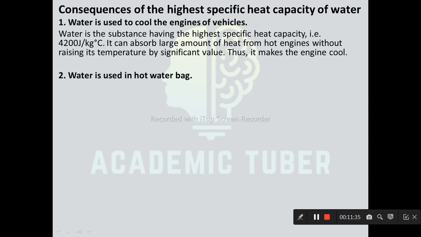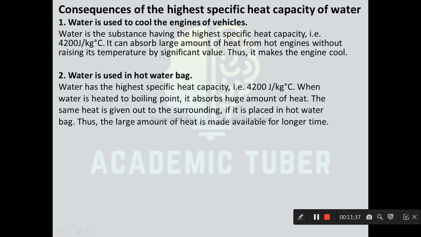Next one, water is used in hot bags. Why? Water has the highest specific heat capacity, that is 4200 joule per kg degree Celsius. When water is heated to boiling point, it absorbs a huge amount of heat. The same heat is given out to the surroundings if it is placed in a hot water bag. Thus, a large amount of heat is made available for a longer time.